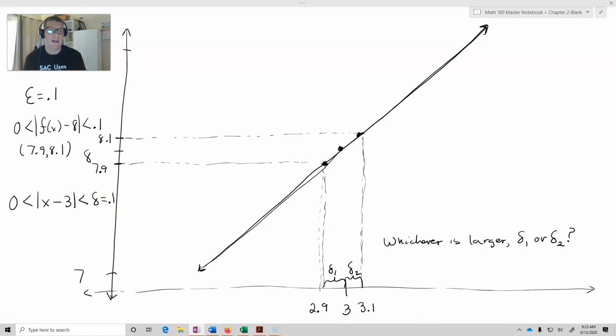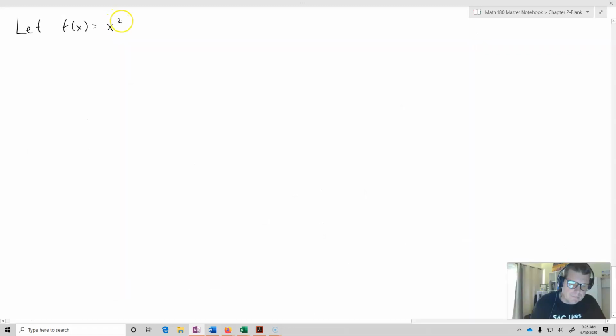Let's do an analytical or algebraic example of this to give you a sense of how this is working algebraically. We know that the limit as x approaches 4 of f of x, where f of x is x squared, is going to equal 16. Remember that since x squared is a polynomial, you can just directly substitute, and it'll give you your limit.